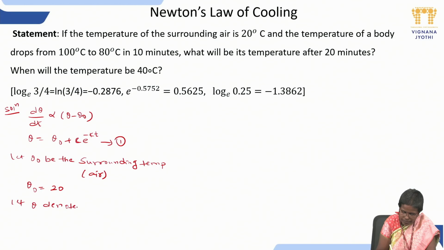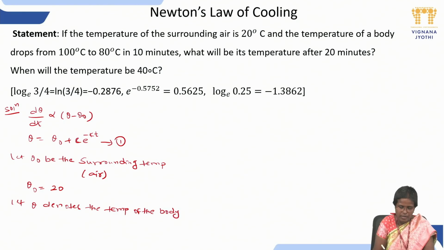What is the temperature of the body initially? Initially, at t equals 0, the temperature of the body is 100 degrees centigrade. So at t equals 0, theta equals 100.